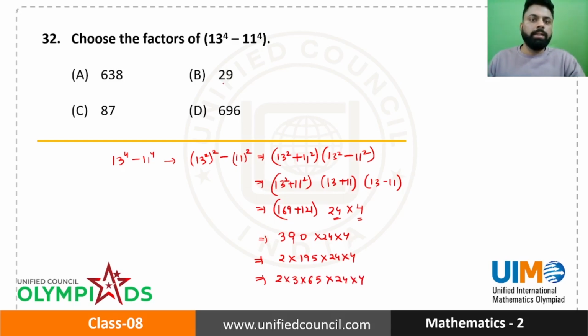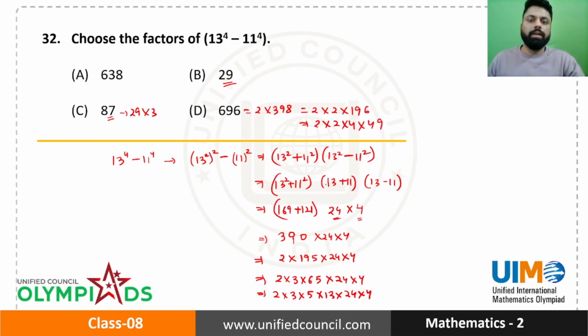Now 29 is not the factor. 87 is, this is 2 multiplied by 3 multiplied by 5 multiplied by 13 multiplied by 24 multiplied by 4. 87 is 29 multiplied by 3. This is 29. This is 2 multiplied by 398, which is 2 multiplied by 2 multiplied by 196, that is 2 multiplied by 2 multiplied by 4 multiplied by 49.